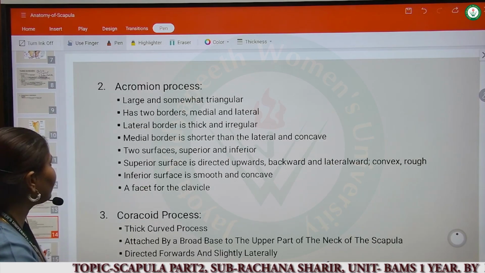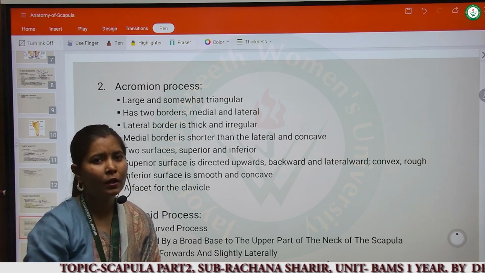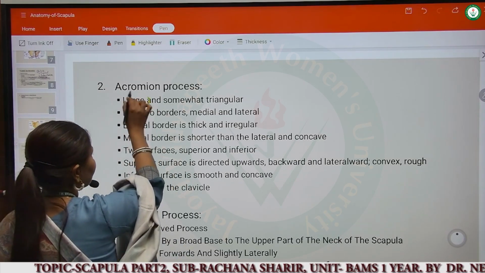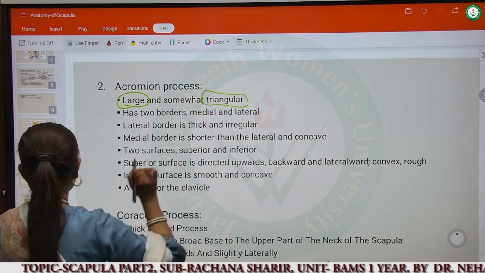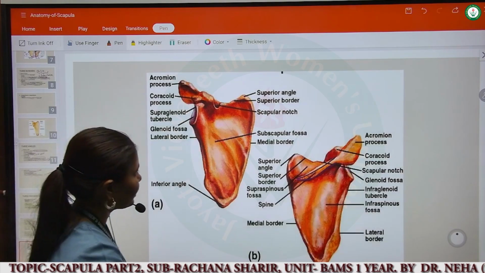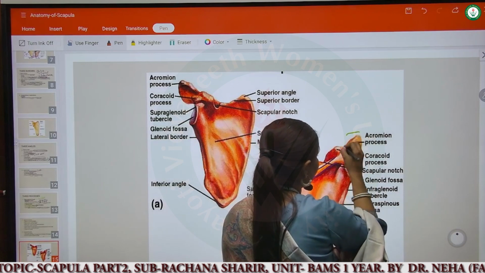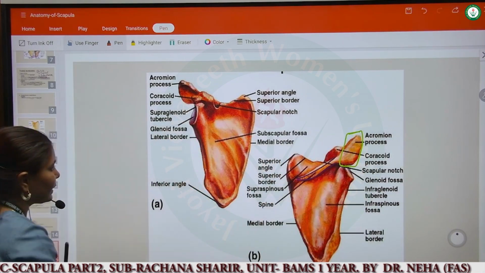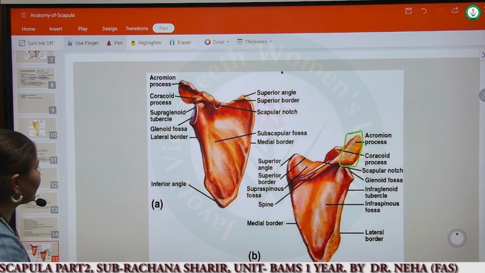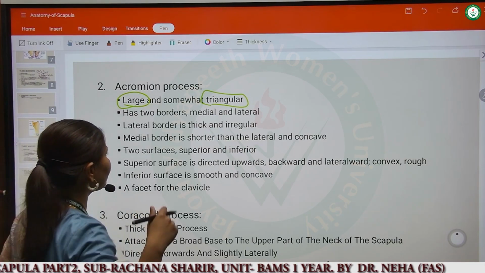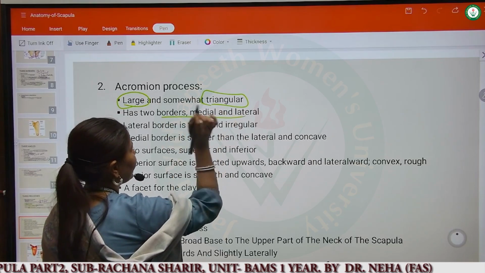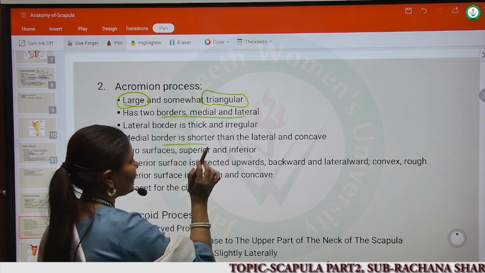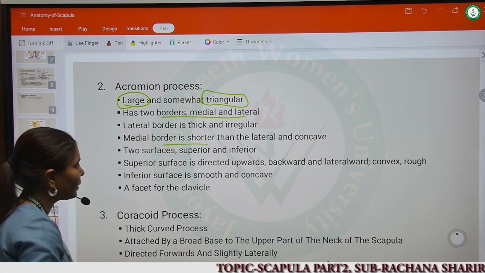Now today we are going to discuss the acromion process and coracoid process. Acromion process is large and somewhat triangular in shape. As we can see in this picture, it is triangular in shape. Then it has two borders, medial and lateral border. Lateral border is thick and irregular, and medial border is shorter than the lateral and concave.